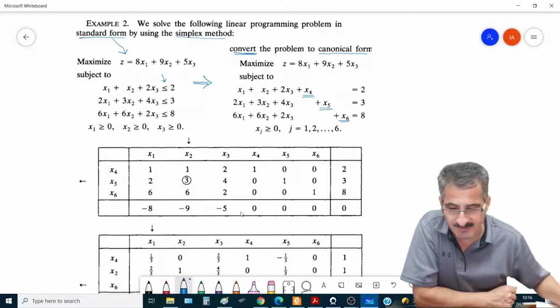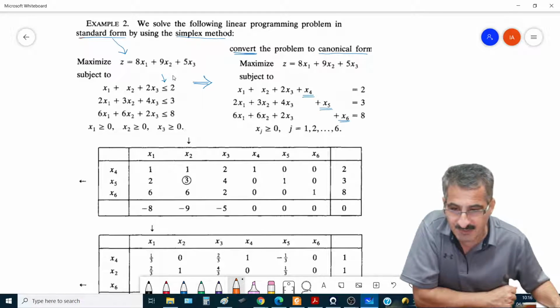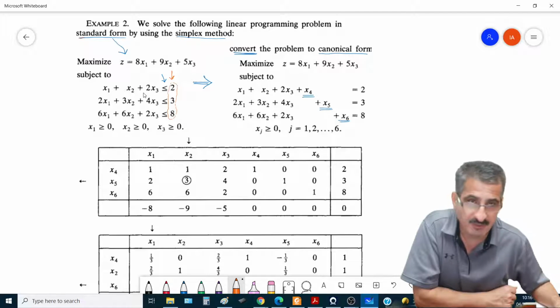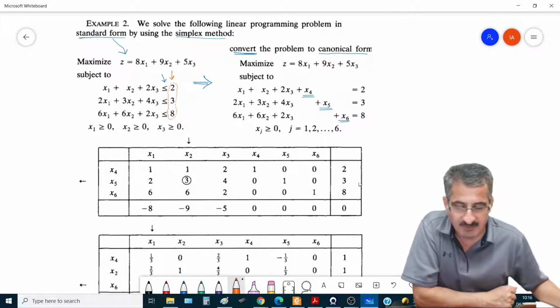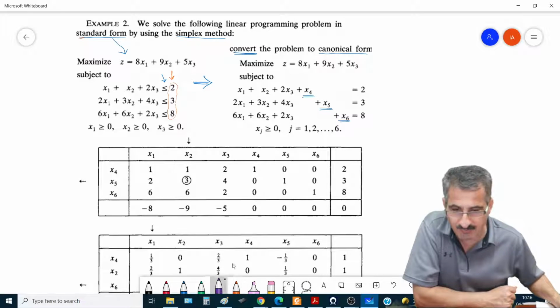Now notice, for the meantime, we are assuming that the values here are positive. For the meantime, okay?